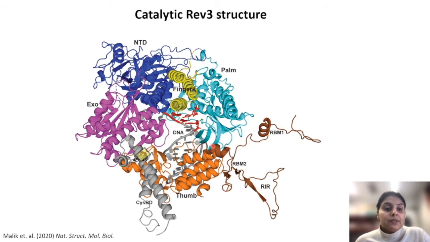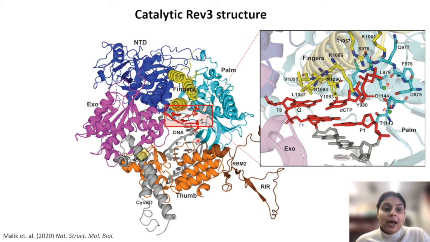The thumb grips the duplex portion of the DNA, and if we zoom into the active site, T0, P0 is the nascent base pair, and the fingers basically drape over them in a closed conformation.